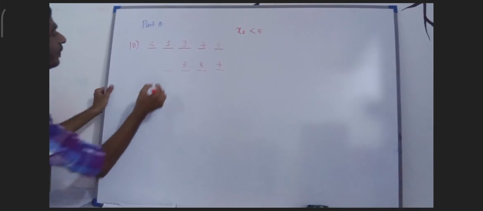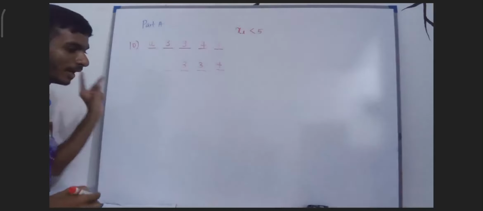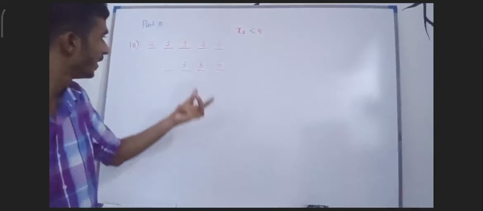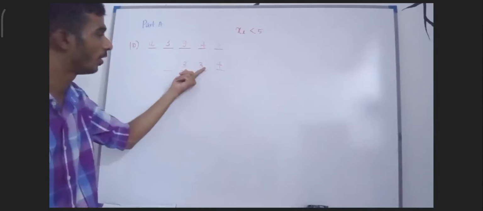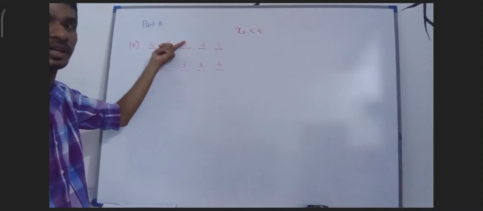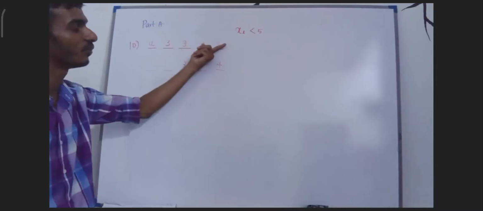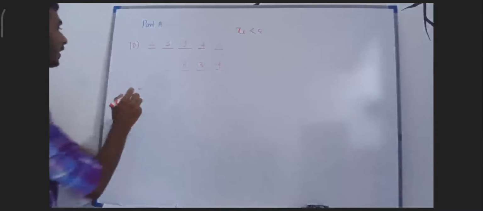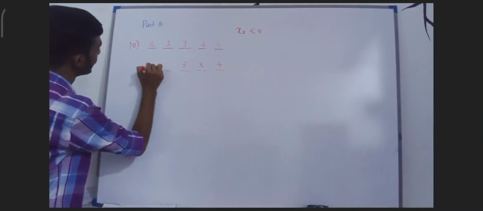So before that we have two numbers. In addition to 3 we have 4 as a mode. There should be another mode. Let me take it as B. So if this is B, this is also B.